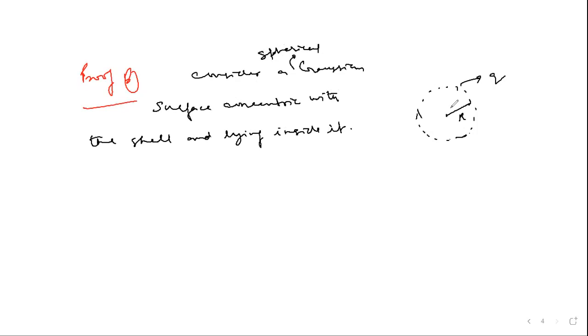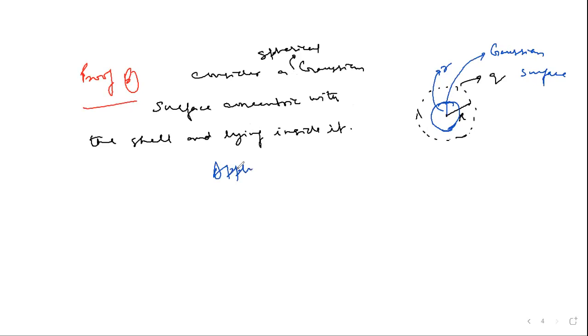So let this be my Gaussian surface, and let r be its radius. This is my spherical Gaussian surface, concentric with the shell, and it is lying inside the shell. It contains no net charge.